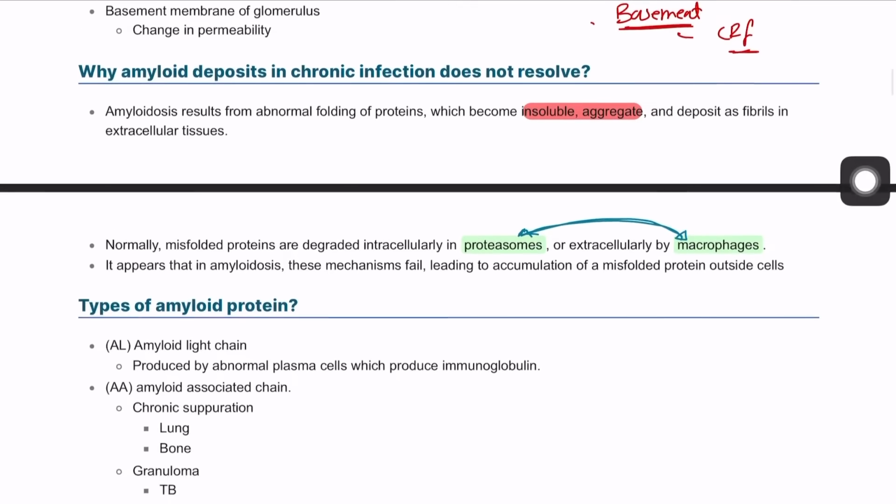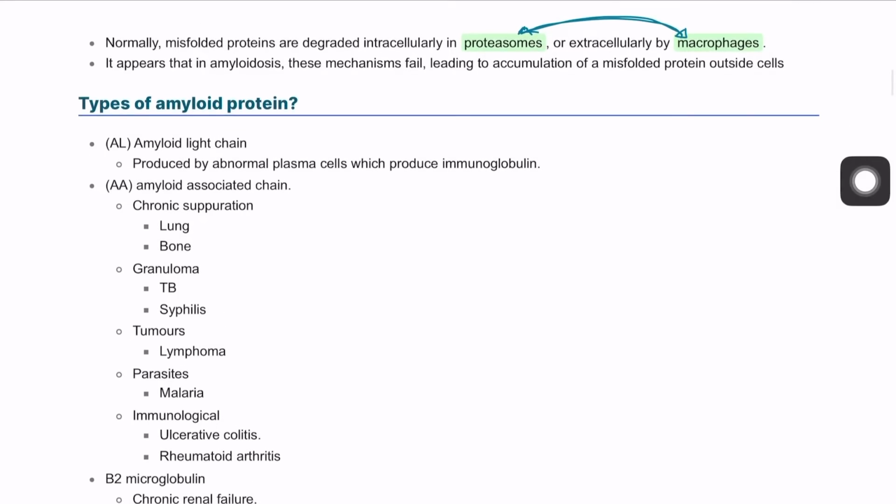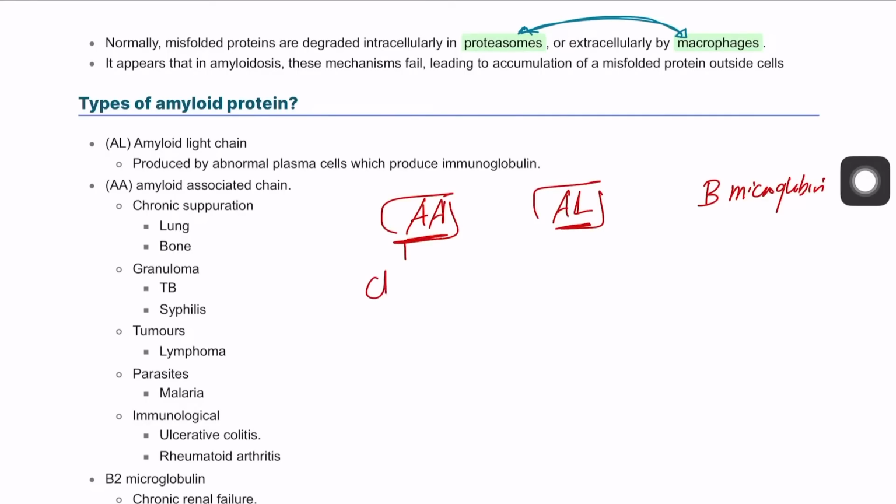The type of amyloid protein: we have three different types. You have something called amyloid-associated protein, amyloid light chain protein, and something called beta 2 microglobulin. Associated, which we mentioned earlier, usually happens in any patient with chronic suppuration.